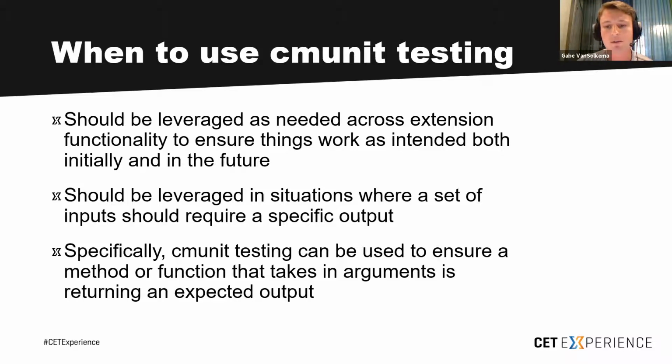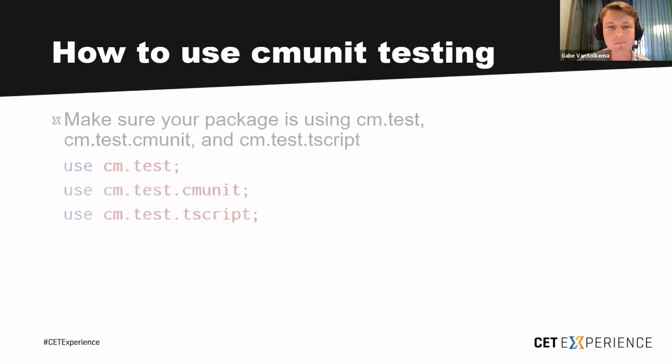So in these sorts of situations, it makes perfect sense to use a unit test, because you have a bunch of inputs coming in, you expect some things to happen, and then you expect some sort of output, whether that be some chunk of code running and doing something. You might be able to check the state of something after this happens, or if you're returning something and you have an expected return output, that would be another great case for unit testing.